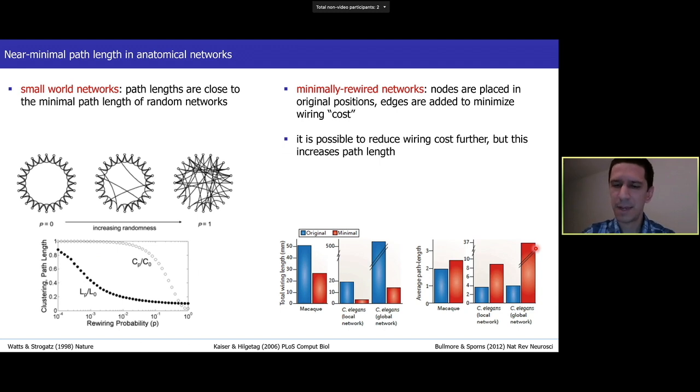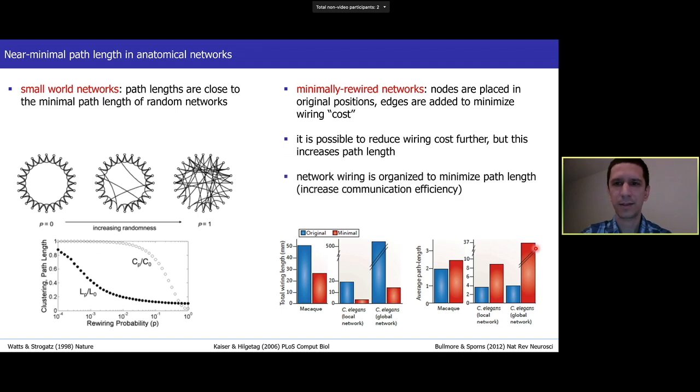So in other words, maintaining low path length is a costly feature, but one that appears to be readily incurred by brain networks. And I think these two arguments really emphasize this idea that maintaining minimal path lengths is something that's very important in brain networks.